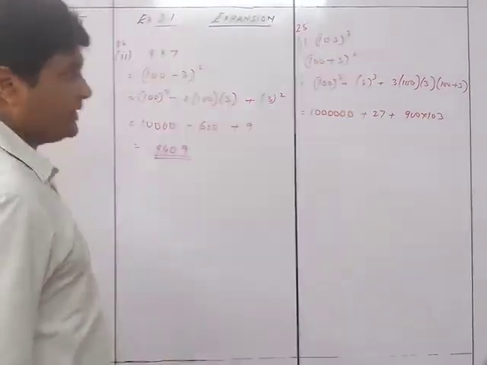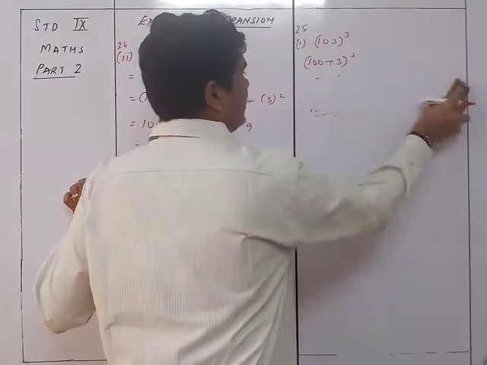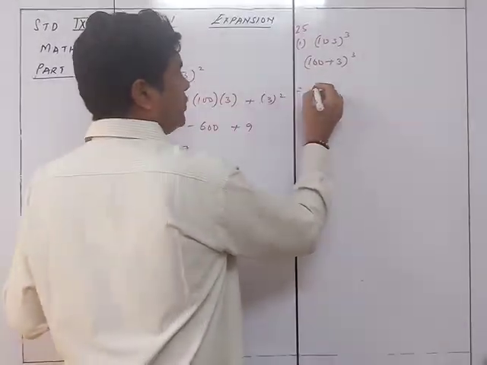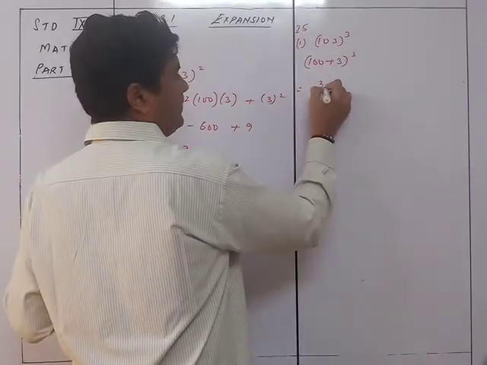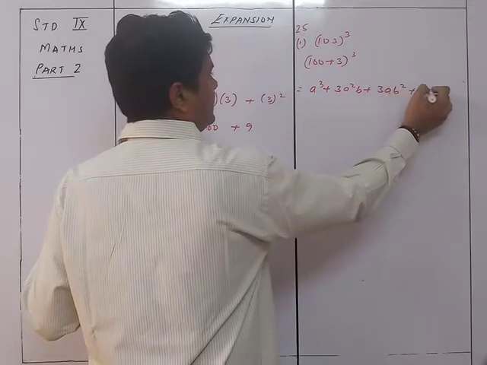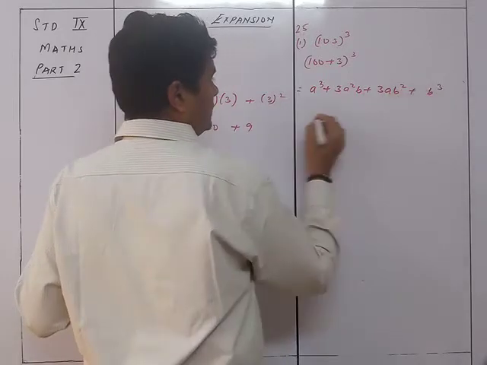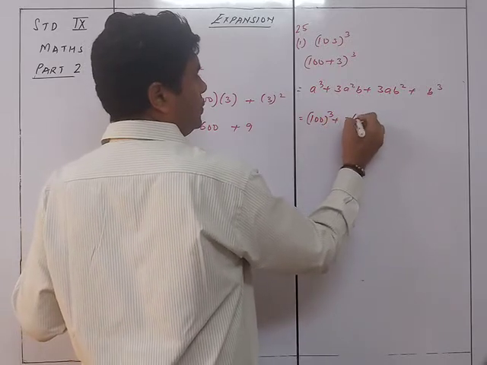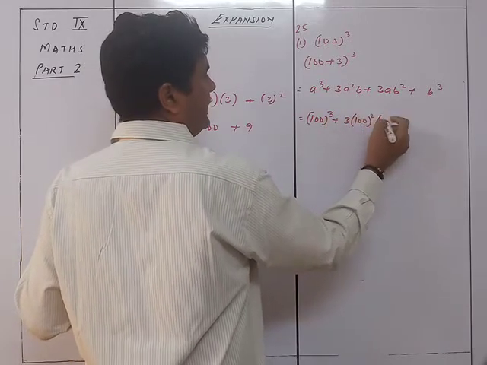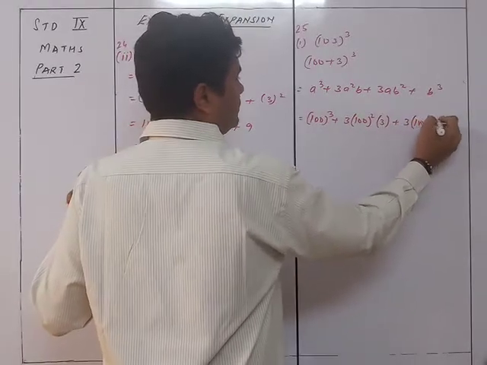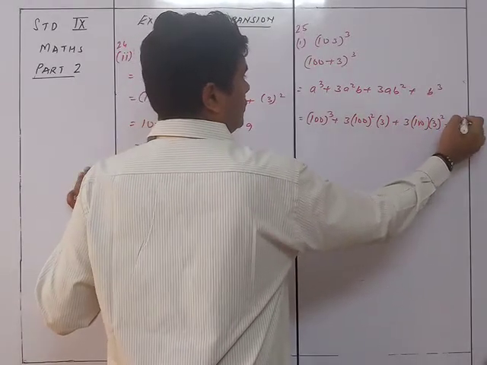I think I'll better take the other way around because that would be easier. The format will be a cube plus 3a square b plus 3ab square plus b cube. So that will be 100 the whole cube plus 3 into 100 the whole square into 3 plus 3 into 100 into 3 square plus 3 cube.